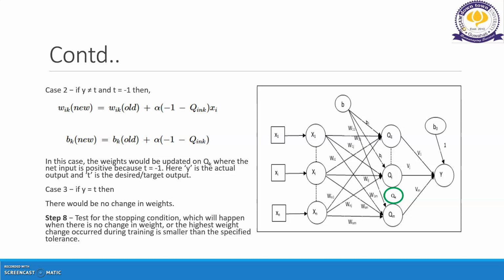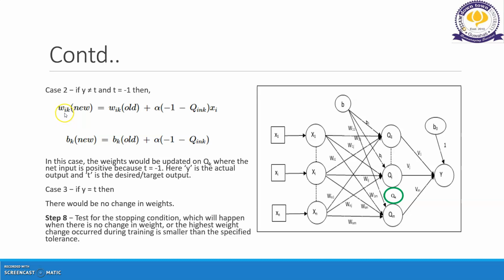When the net input is positive, then you get a positive output. So for this particular Adaline unit, your value is positive.